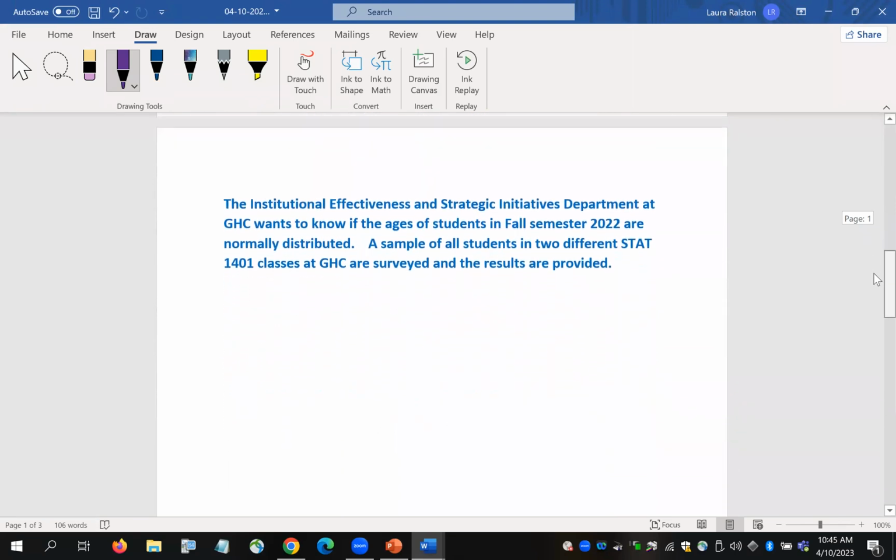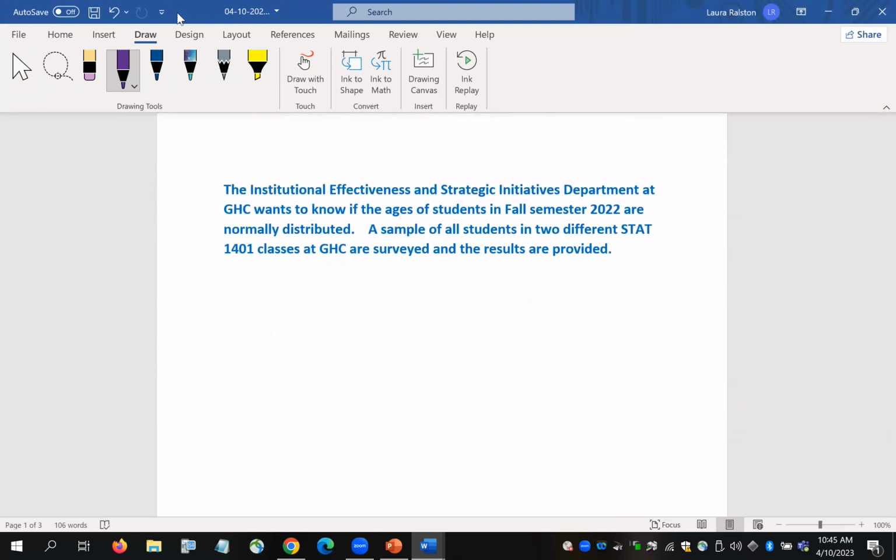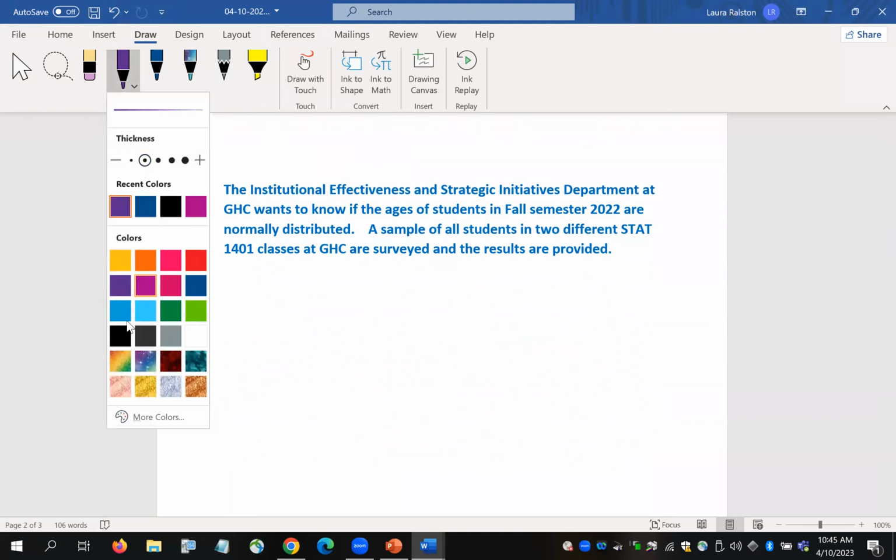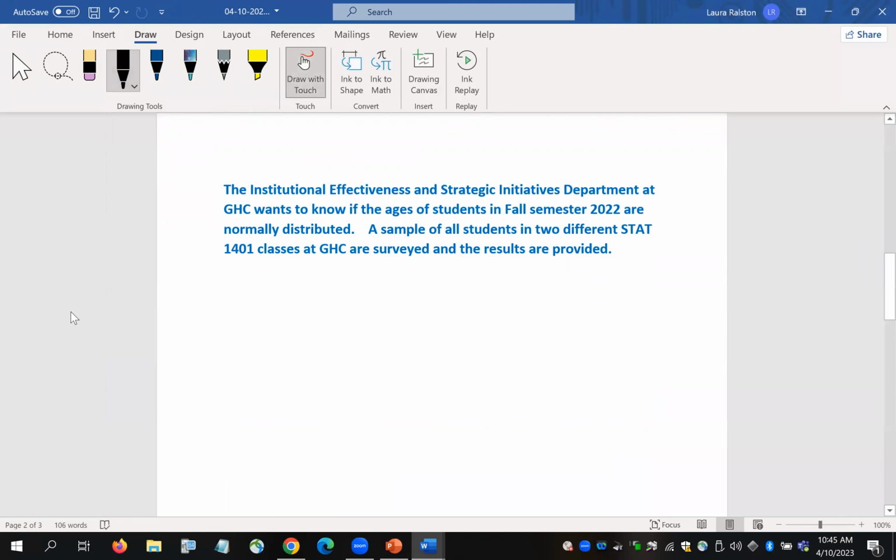Here's the first example from the PowerPoint. I've pulled it over to my paper. It reads, the Institutional Effectiveness and Strategic Initiatives Department at Georgia Highlands College wants to know if the ages of students in fall semester 2022 are normally distributed.